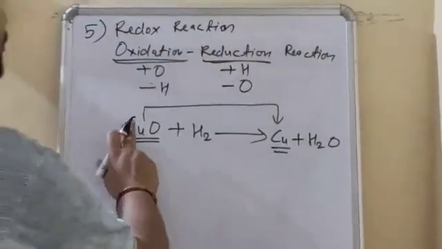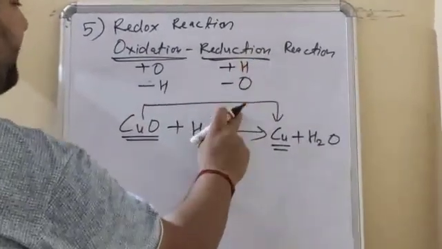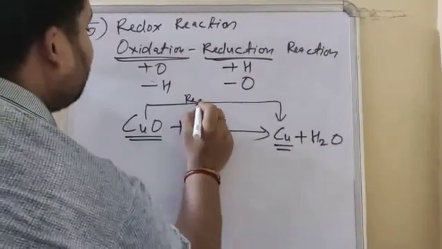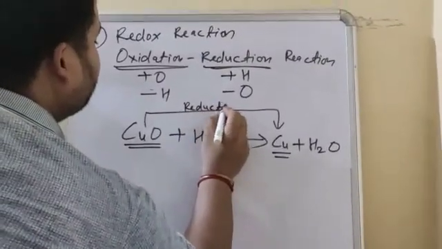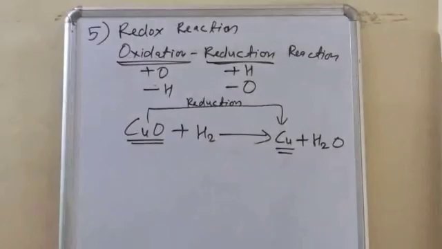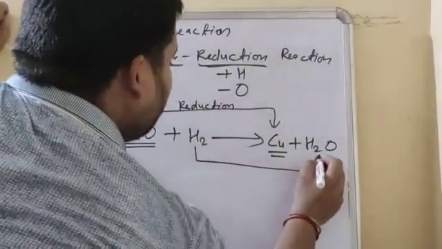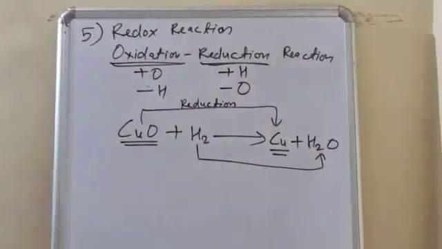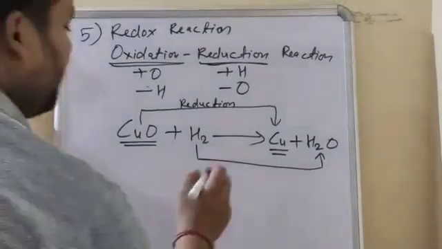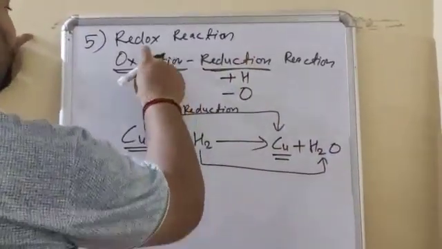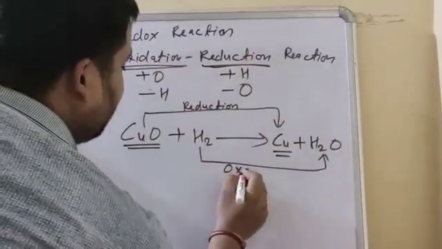It is removal of oxygen, and removal of oxygen is known as reduction. So you have to write here reduction. And on this side only hydrogen, and on this side hydrogen as well as oxygen. So here addition of oxygen, and addition of oxygen is known as oxidation.